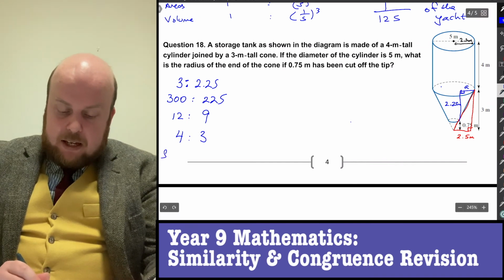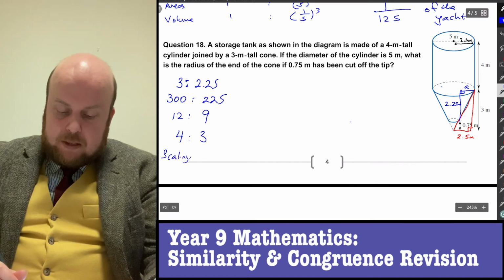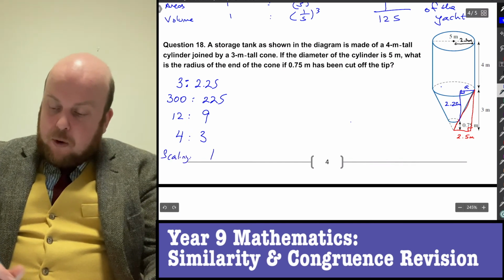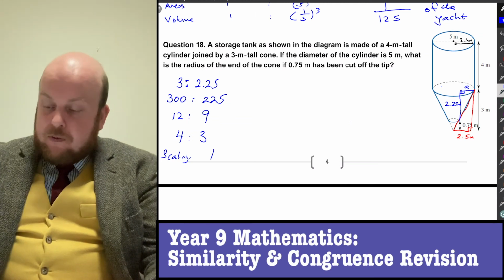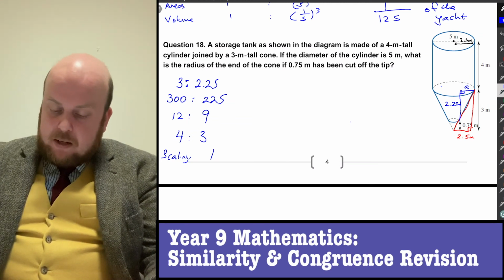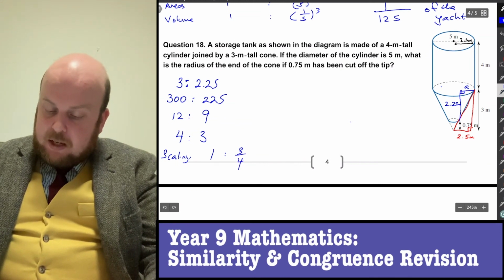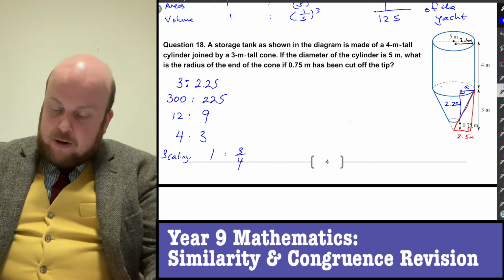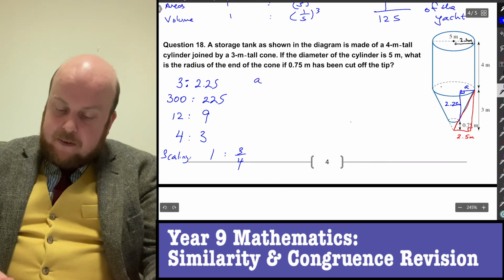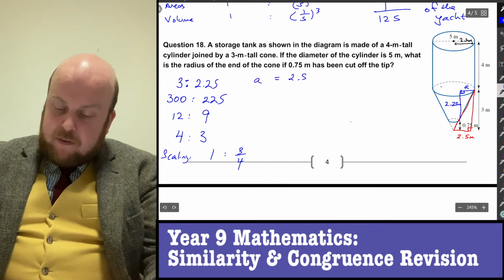Which means that when scaling, for every 1 meter of the red triangle, that's going to equal 3/4 of the blue triangle. So in other words, to find A, it is 2.5 times 3/4.